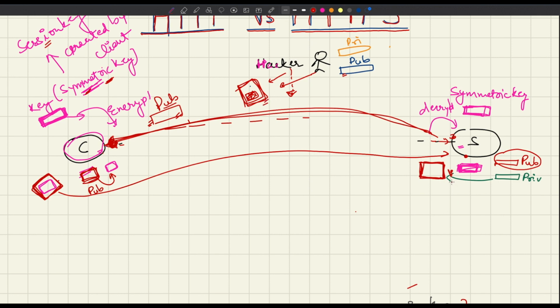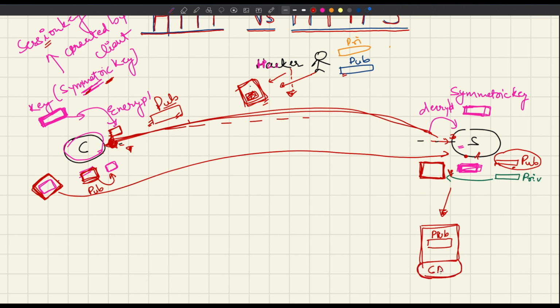Now, before sending that certificate, the server will have its own public key. So the server is going to go to a certificate authority and share its public key here. So this is the public key of the server, and the certificate authority is going to create a certificate and attach its signature.